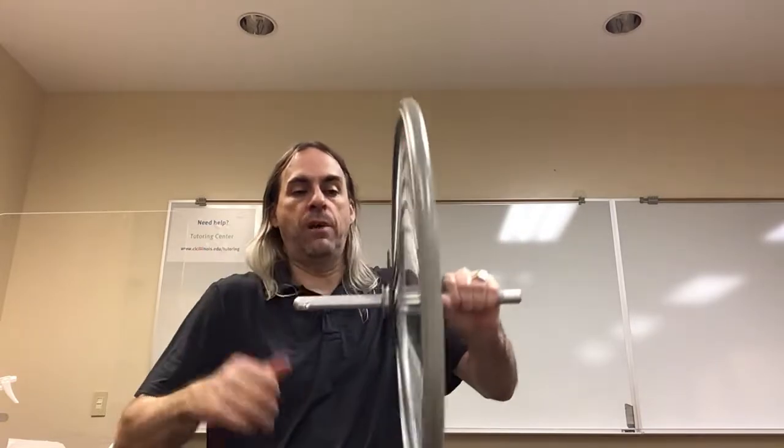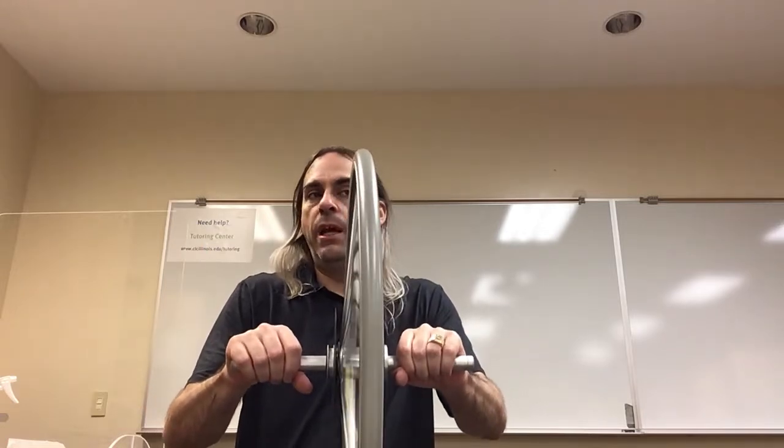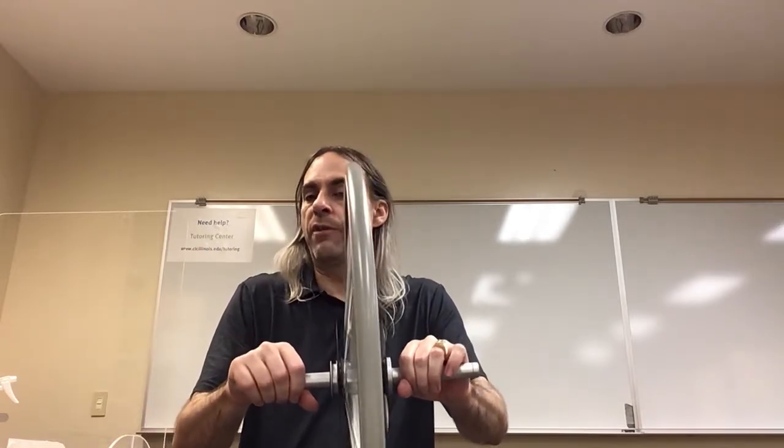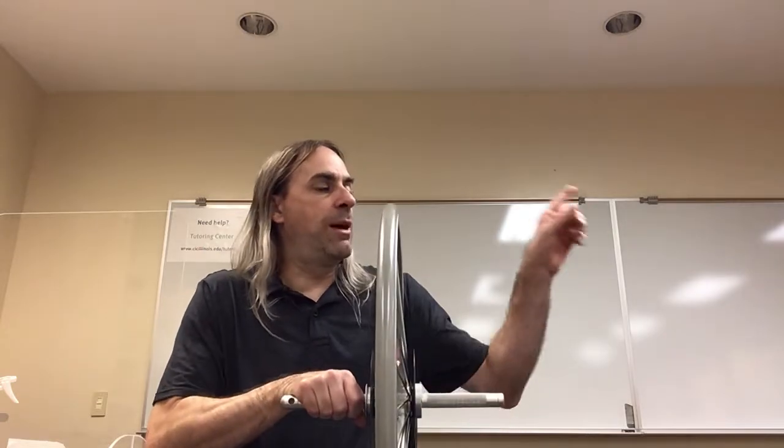So right now the angular momentum is pointing to the left, and if there's no external torque due to friction, I'm connected to the wheel, together we're like a system, the angular momentum should remain pointing to the left.